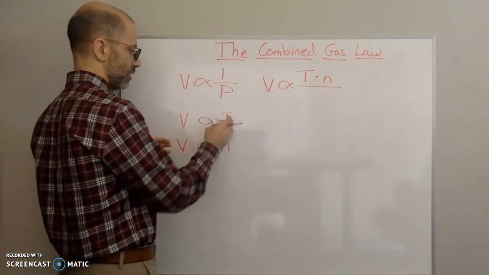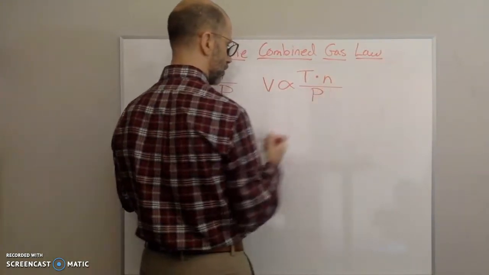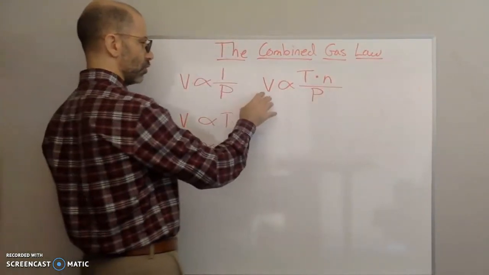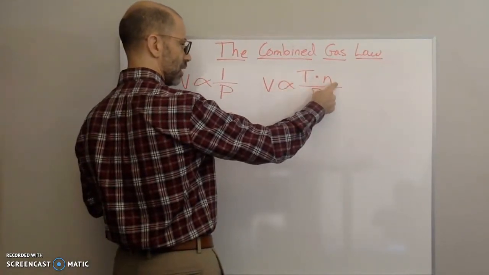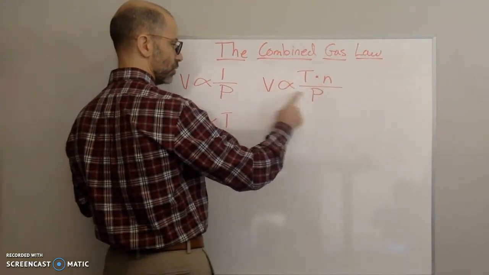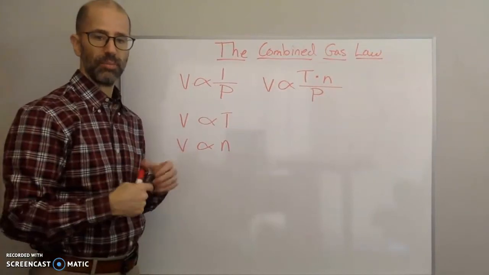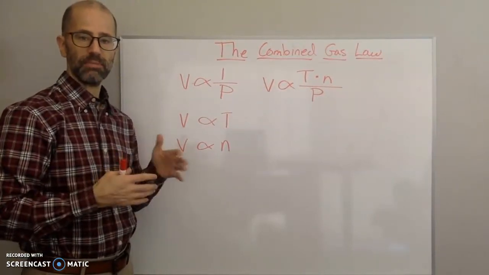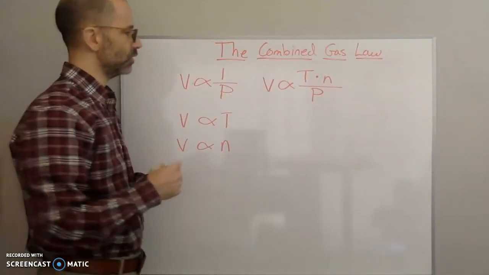And since we have P, pressure, on the bottom, we'll put pressure on the bottom. So volume is directly proportional to temperature and amount of gas, and it's inversely proportional to pressure. Now that we have all that put together, the way we made this proportionality is we multiplied by a constant. So let's do that.